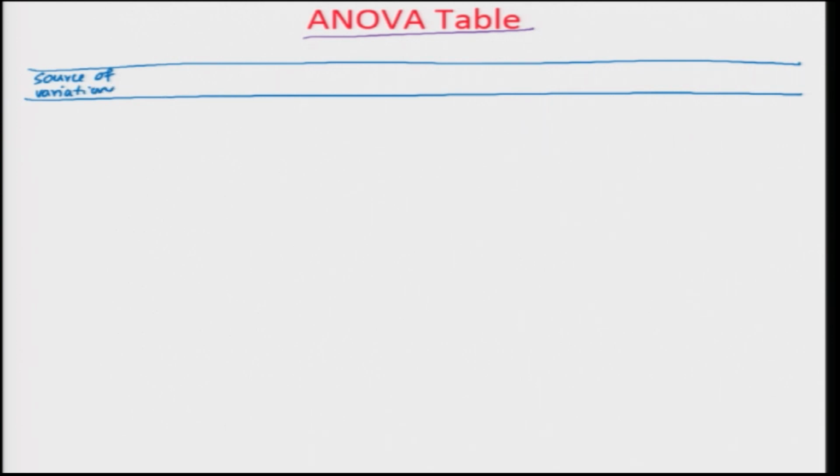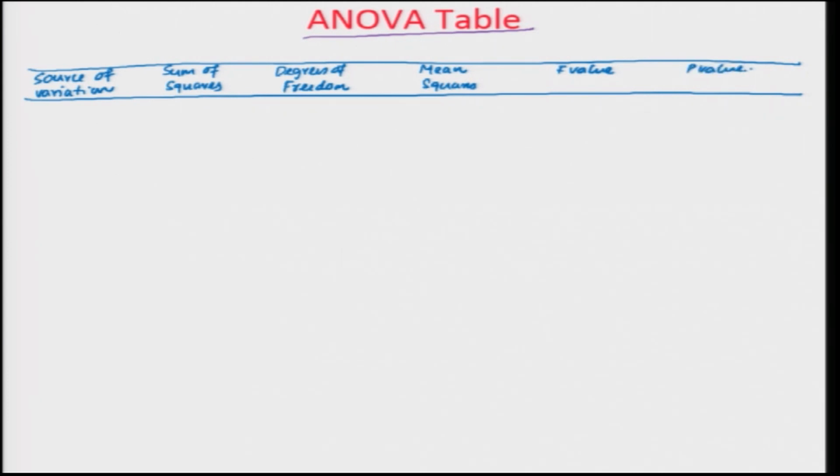Then we have sum of squares. Remember the columns. Then we have the degrees of freedom, then the mean squares, and then F value and P value.